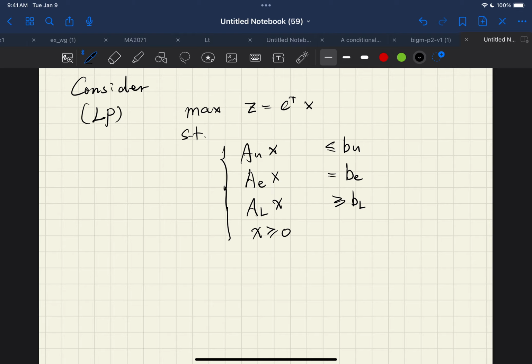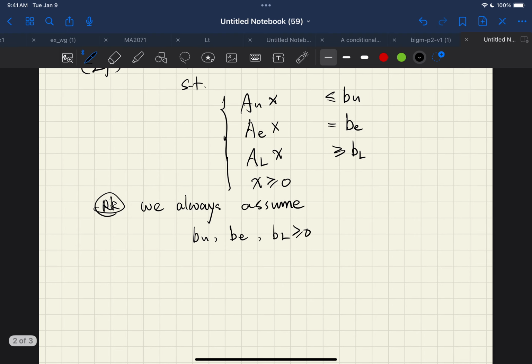Now, if we look at the Big M method, we always assume the right hand side of the constraint is greater than or equal to 0. If not, you can just multiply both sides by -1 to make sure the right hand side is greater than or equal to 0.